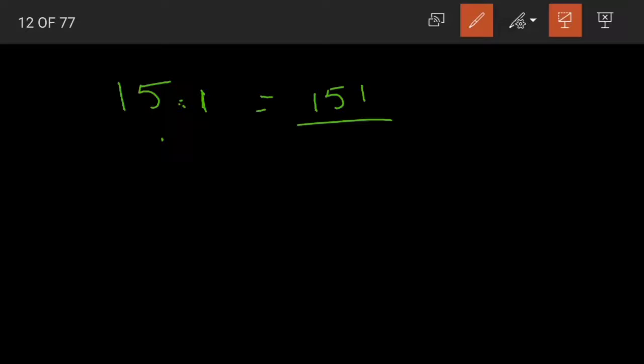So 151, that becomes our numerator. Now what about the denominator, children? In the given number we are having 1 decimal place. So in the denominator, after 1, place 1 zero. Understood? Depending on the number of decimals, place the number of zeros. That is the basic conversion.